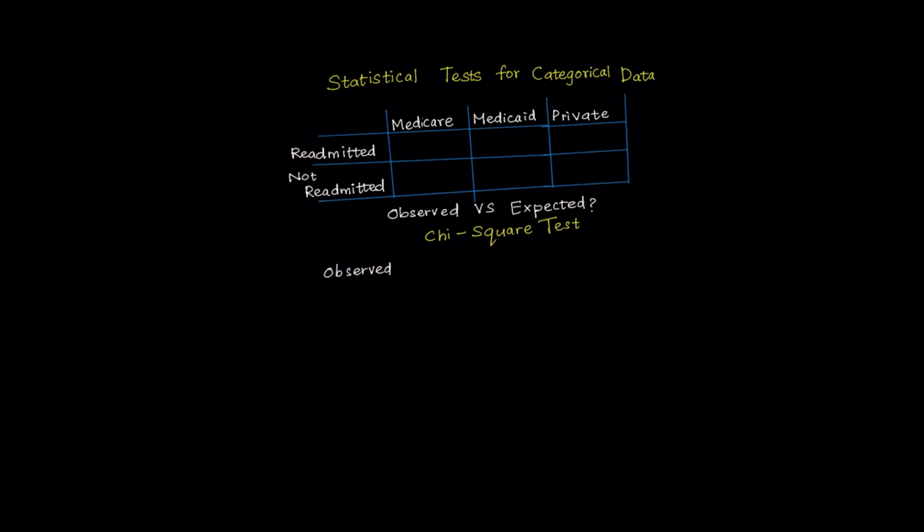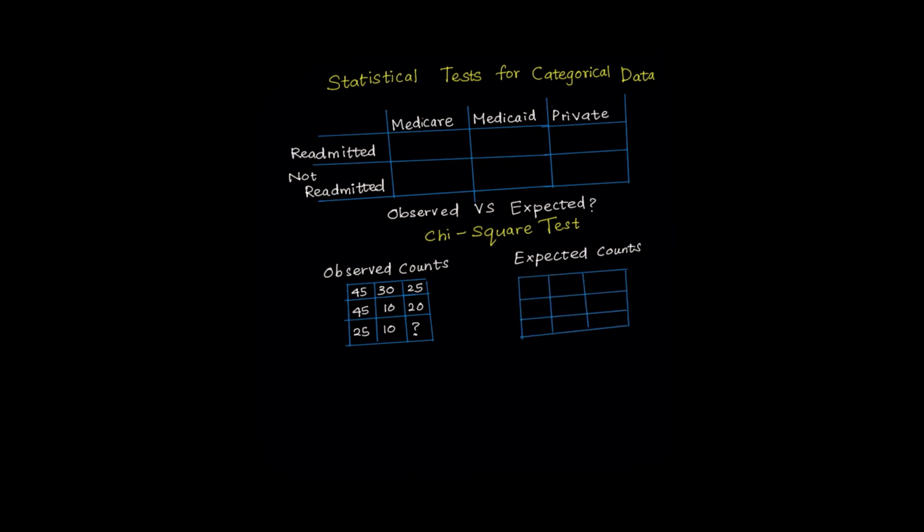Imagine you have a grid showing insurance types across the top and readmission status, yes or no, down the side. The chi-square test looks at the actual observed frequencies in each cell of this grid and compares them to what you'd expect to see if there was no relationship between insurance and readmission. If the observed and expected values are very different, that suggests a significant association.